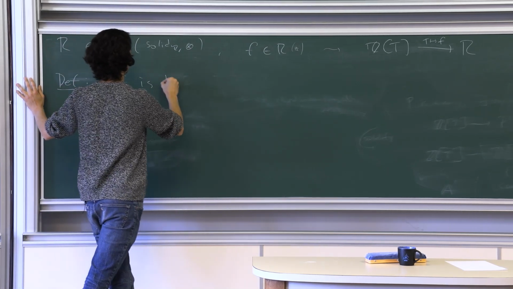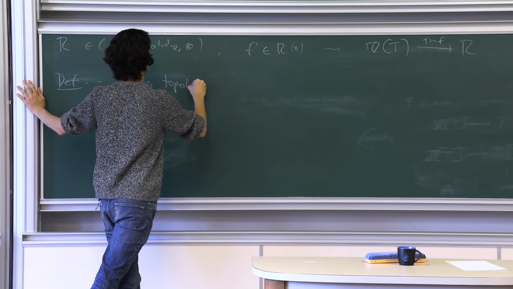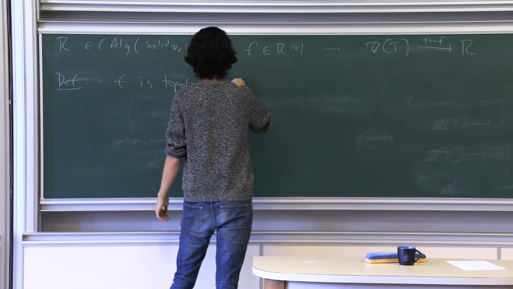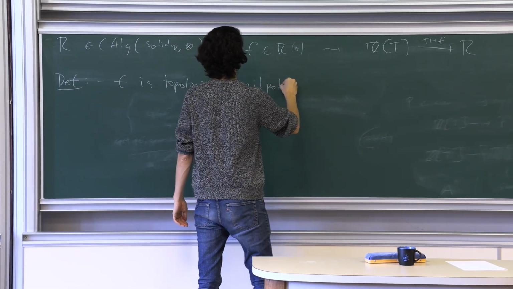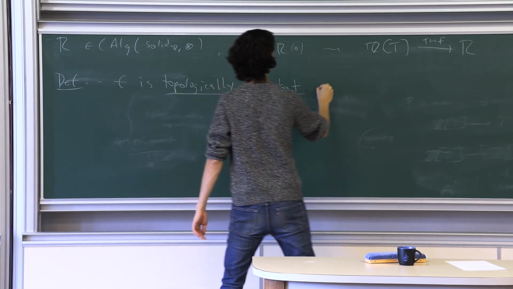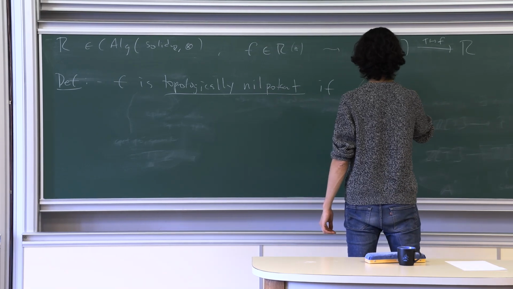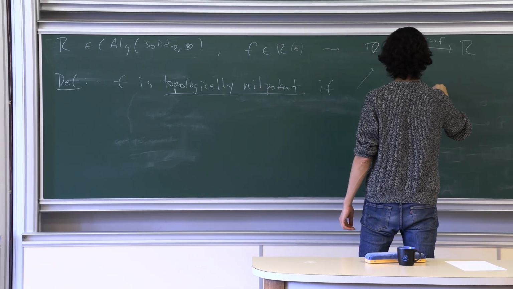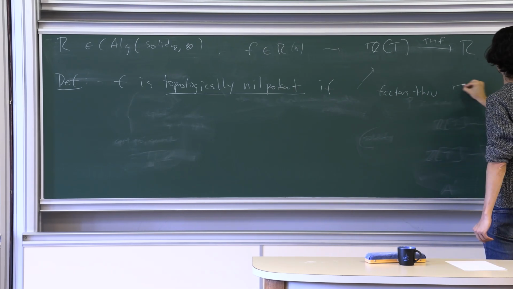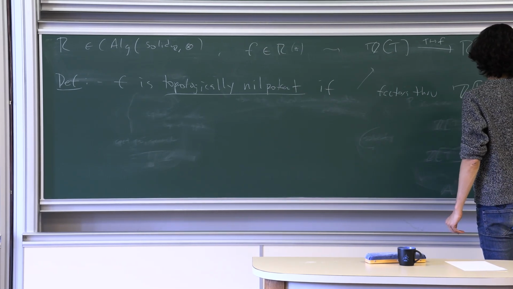f is topologically nilpotent if this homomorphism factors through the power series ring.